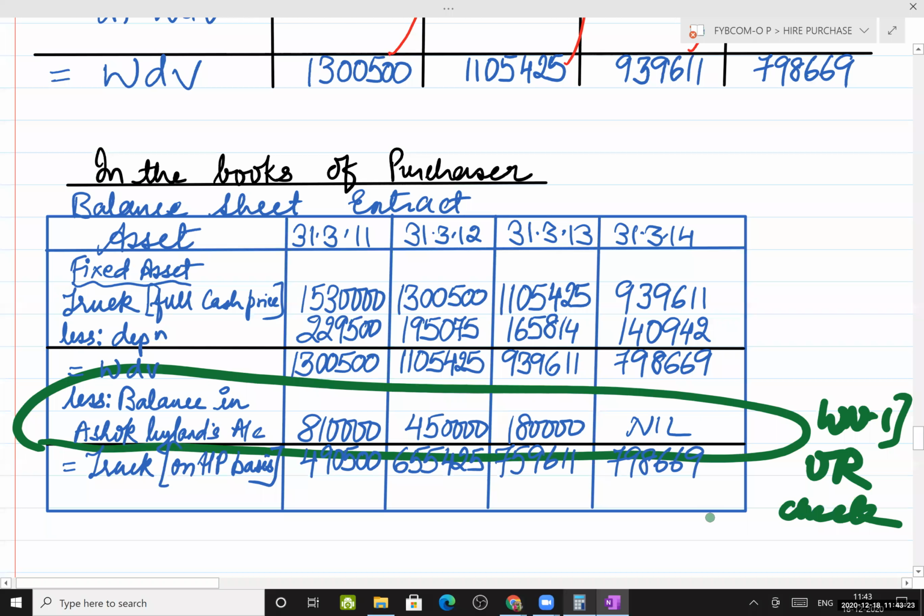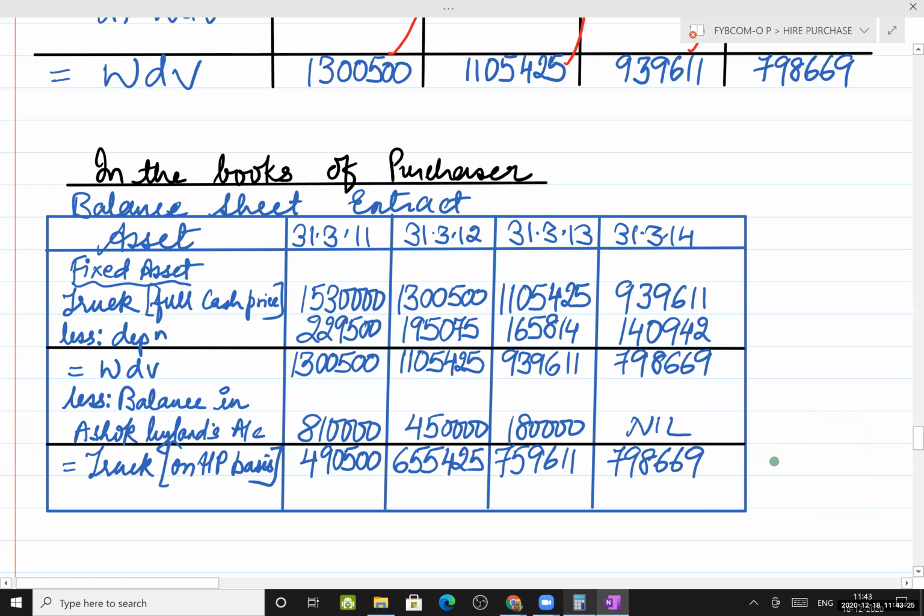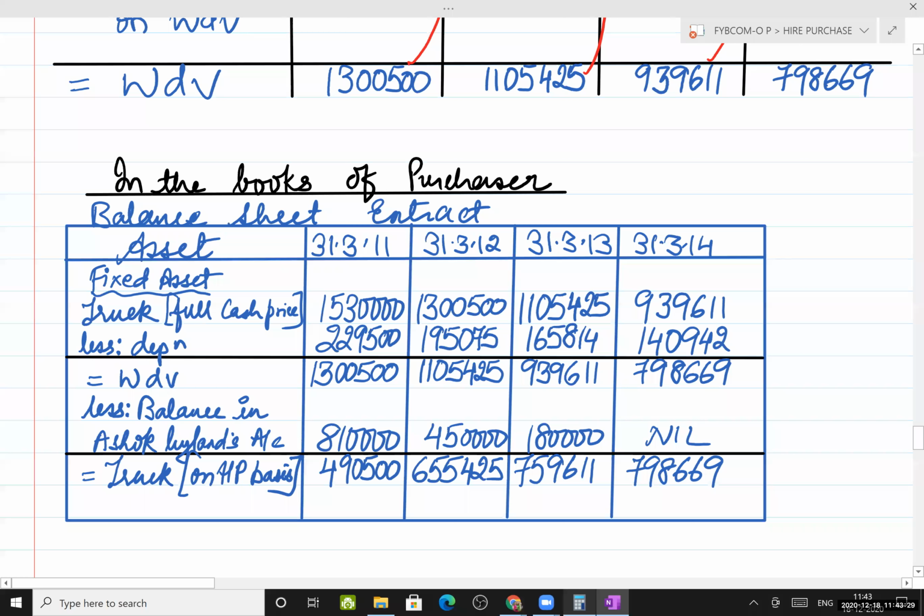You will get the same answer there too. And this is how you calculate the truck on HPP basis, hire purchase basis. Clear everyone? Truck is an asset less depreciation equal to WDV, and less the balance in the seller's account.